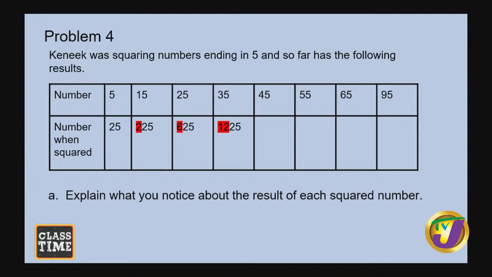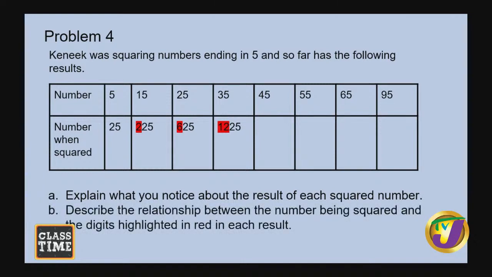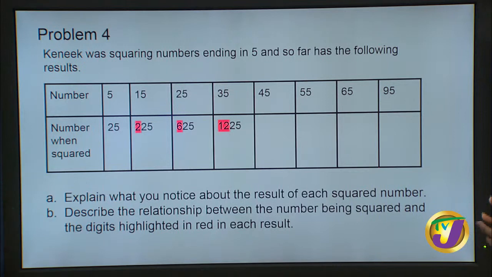And hold on, before you do that, I'm giving you two more for you to think about. The next one is you're going to describe a relationship between the number being squared and the digits highlighted in red in each result. So you're talking about the 15 and the 25, all of those numbers being squared, and the digits highlighted in red.